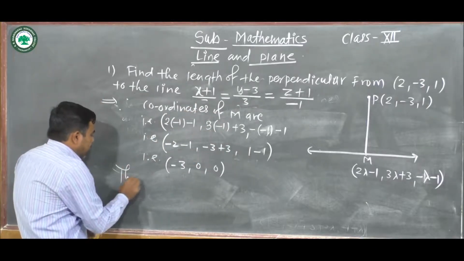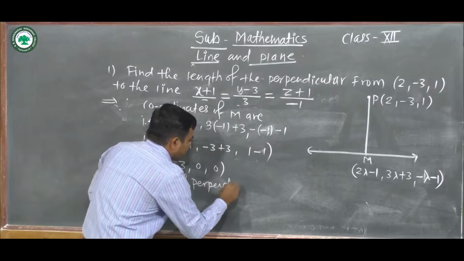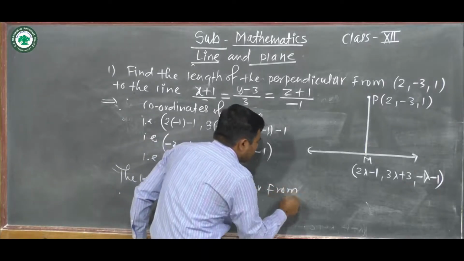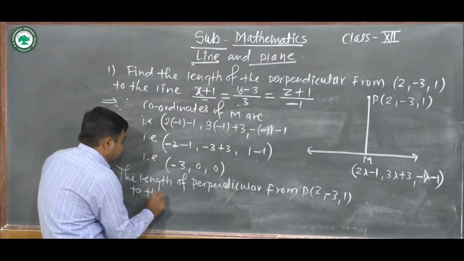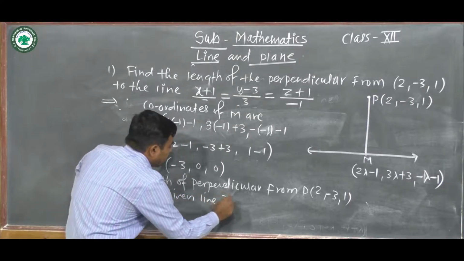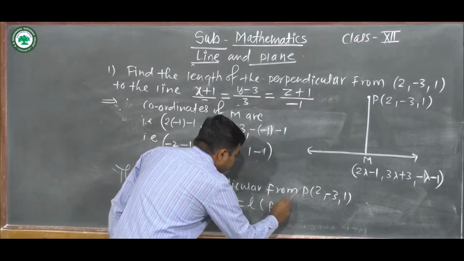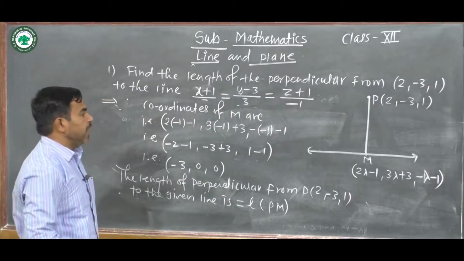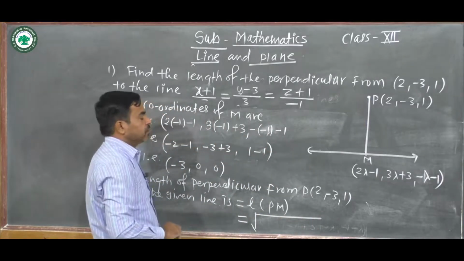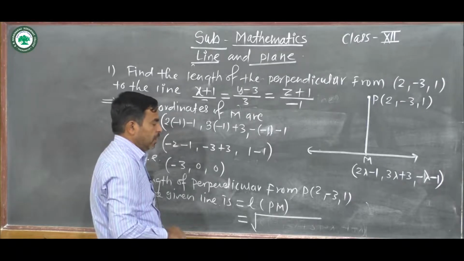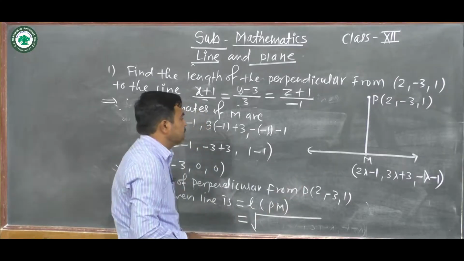So the length of perpendicular from P(2, minus 3, 1) to the given line is equal to the length of PM, meaning the distance between 2 points P and M, which can be found by using the formula square root of (x2 minus x1) whole square plus (y2 minus y1) whole square plus (z2 minus z1) whole square.